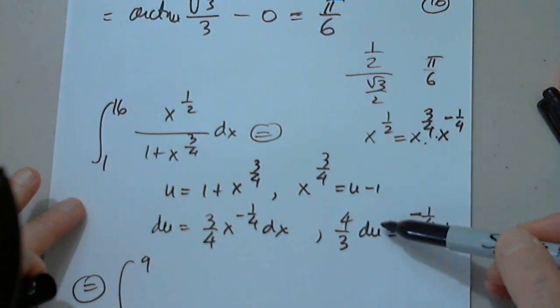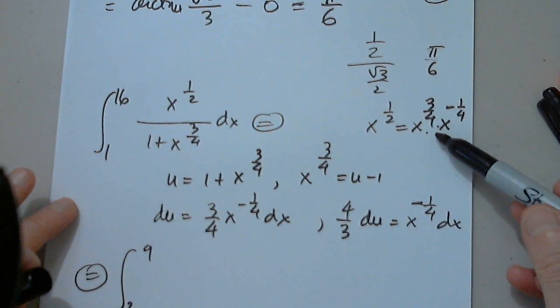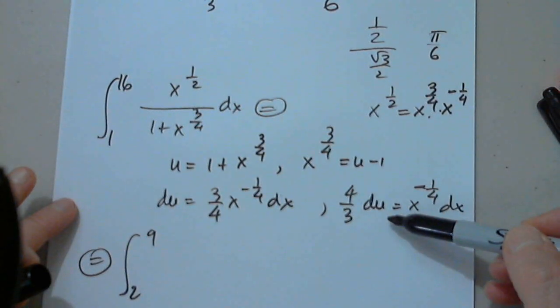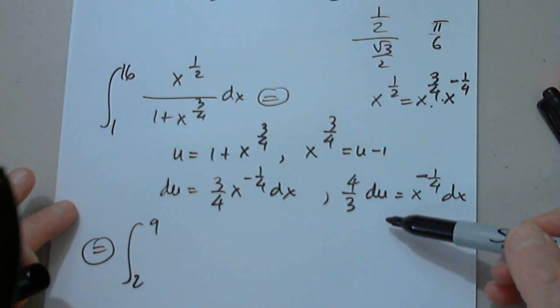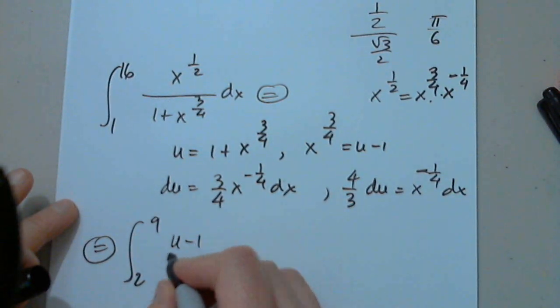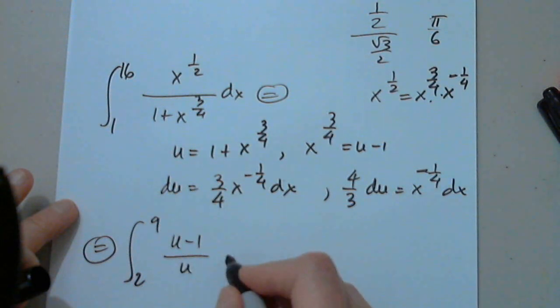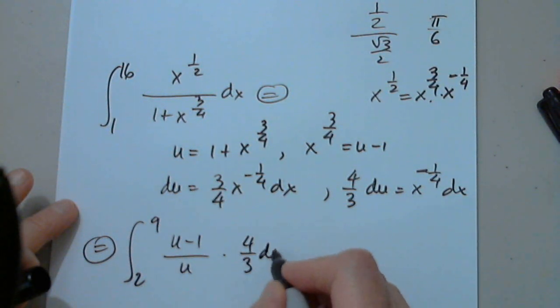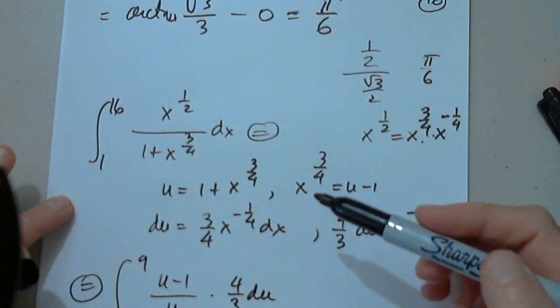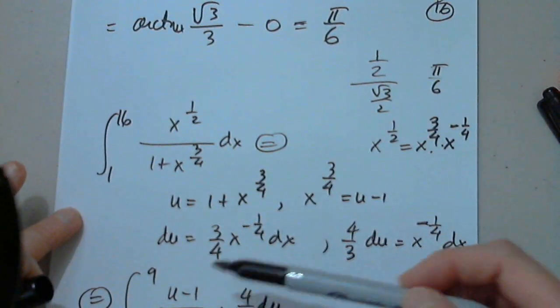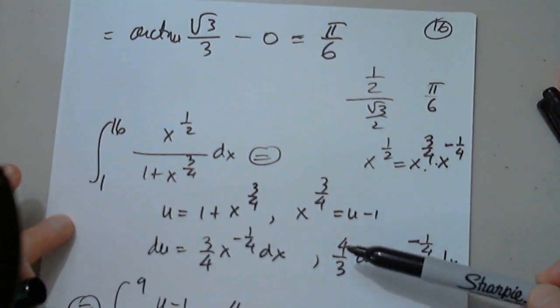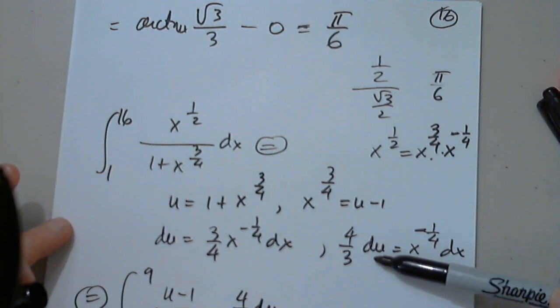That's x to 1/2. Oh, I see. So that's why I did not need that cube root. So 4/3 du.